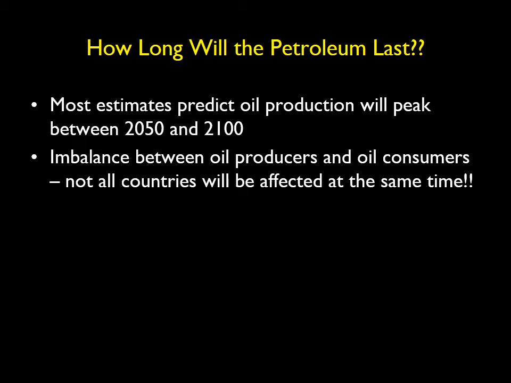Saudi Arabia has massively increased the amount of oil. They've flooded the market, and so the cost for gasoline has gotten so low, right? So not all countries are going to be affected at the same time. But peak oil production is likely going to occur in the middle of the century, and from then on, the amount of oil produced globally is going to go down and continue to go down.